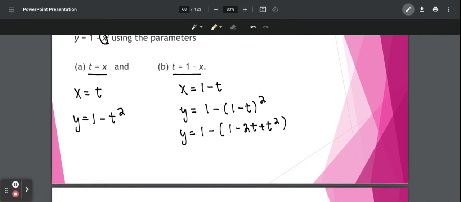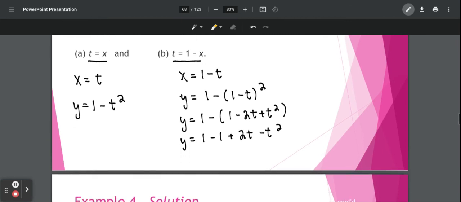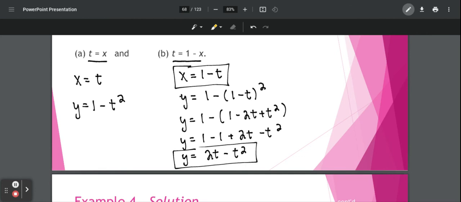And if we distributed that negative, you'd have 1 minus 1 plus 2t minus t squared. Okay, so our y equation would just be 2t minus t squared. So if we were writing the parametric equation, our x would be 1 minus t, and our y would be 2t minus t squared.